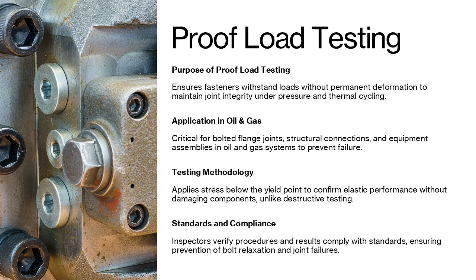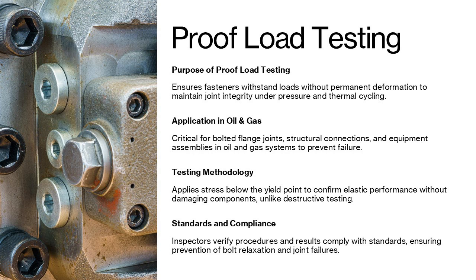Proof load testing verifies that components, particularly fasteners, can withstand a specified load without experiencing permanent deformation. In oil and gas applications, this is crucial for bolted flange joints, structural connections, and critical equipment assemblies. Proof testing ensures that bolts, studs, and other fasteners possess adequate strength and ductility to maintain joint integrity under pressure and thermal cycling.